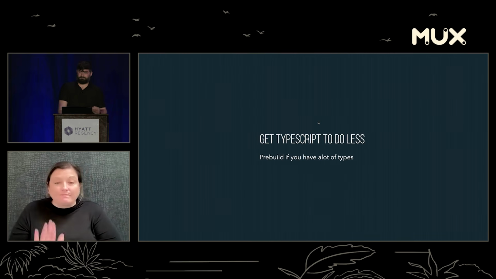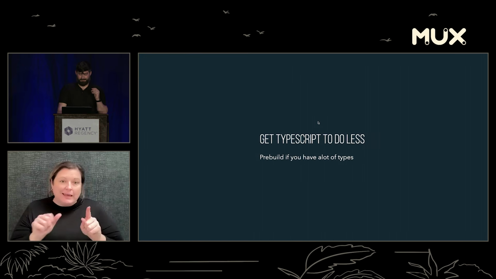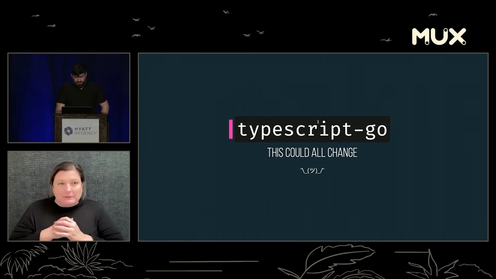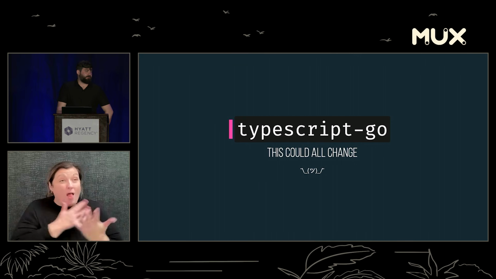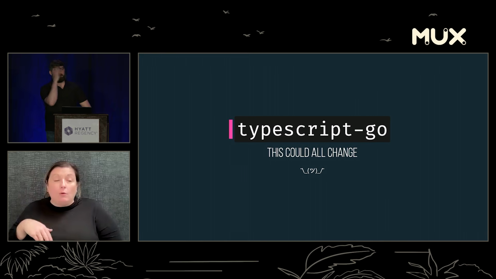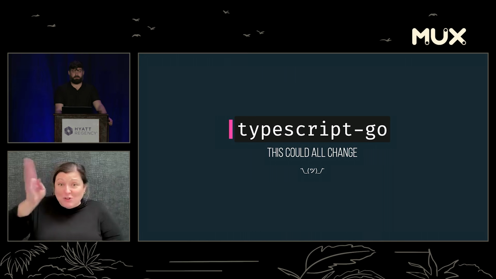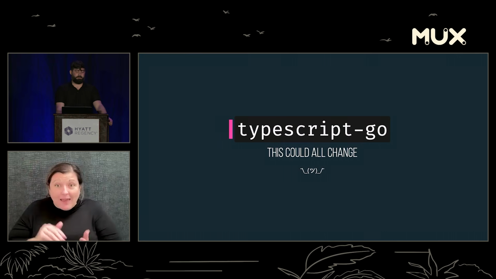Generally though, try not to do any complex types. All this to be said, and then the TypeScript team decides to announce TS Go or TypeScript Go, which could change everything. It really could just throw this whole talk out and I would never have to speak about this again, and then I would be thrilled because TypeScript is fast by default.